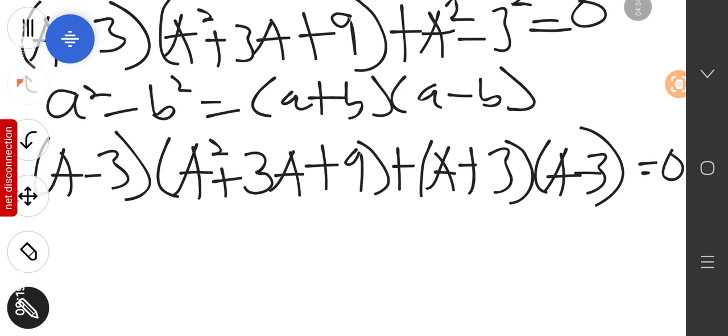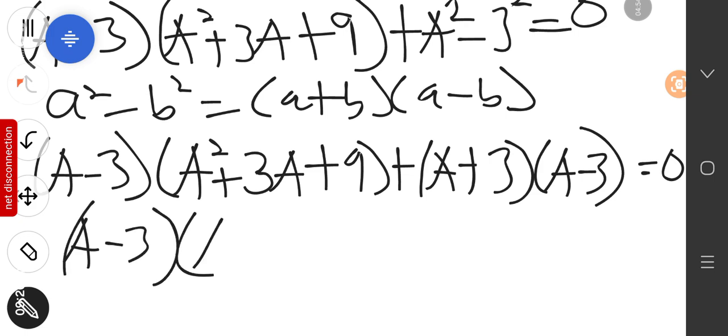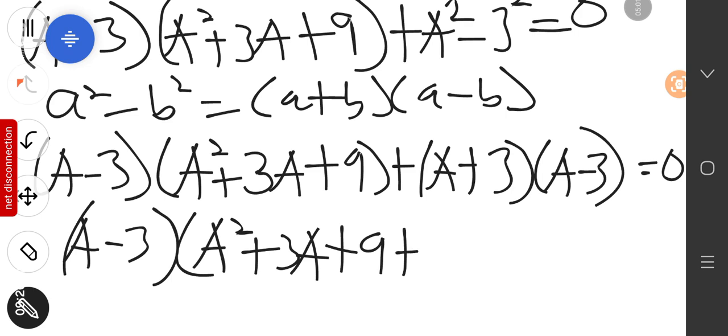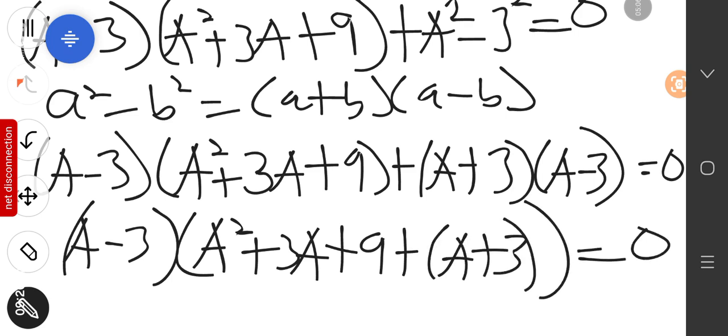Let's factorize. You can see this here, and then you can see it here. So a minus 3 is common. So we are bringing the common terms out: a minus 3, and then we are left with a squared plus 3a plus 9 plus a plus 3 equals 0.